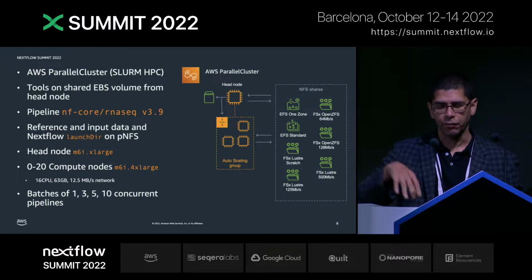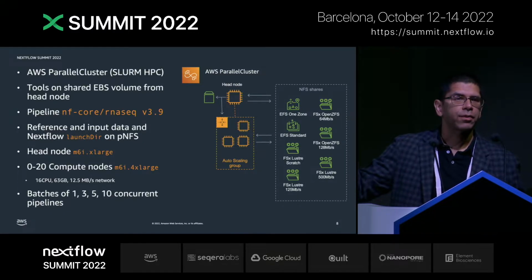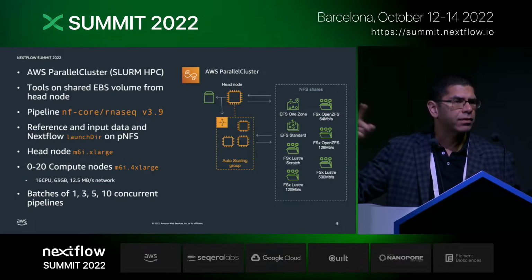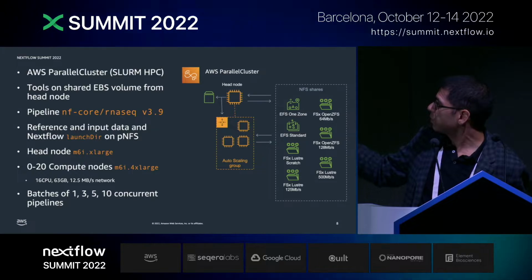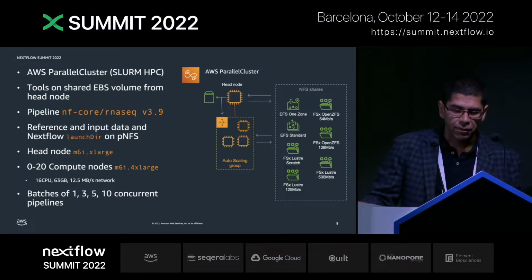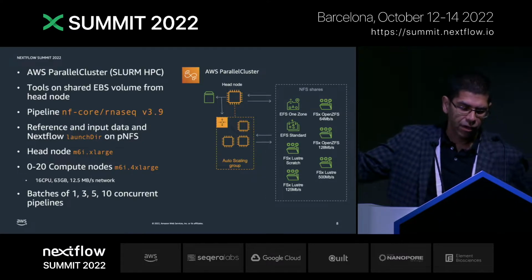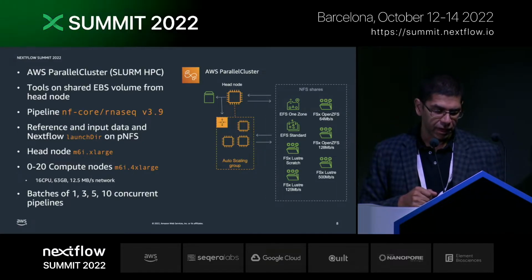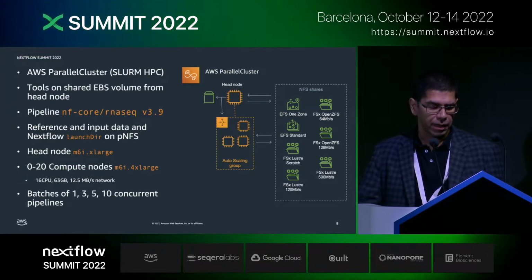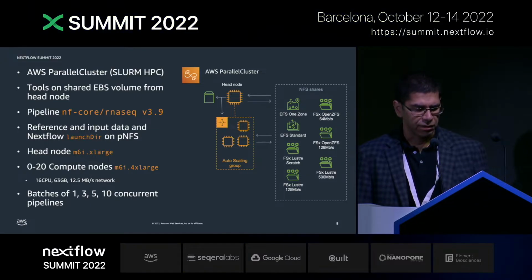But for the data and the references, I stood up in ParallelCluster multiple file systems at different NFS endpoints. I did these 1, 2, 3, 4, 5, 6, 7 file systems. The head node's an extra large Intel generation instance, and the compute nodes were a little bit beefier, 16 CPU and 63 gigs of RAM.